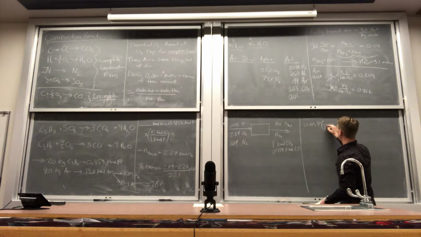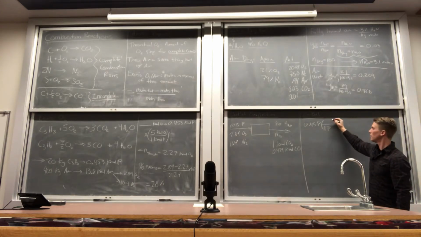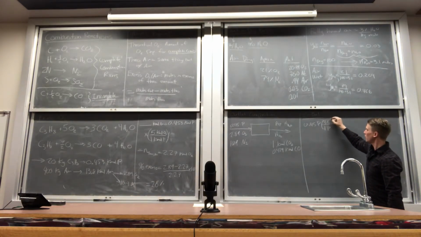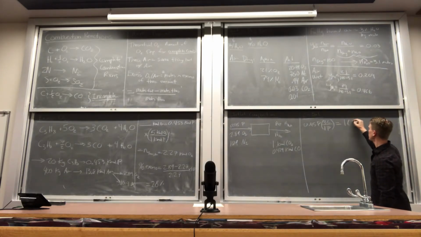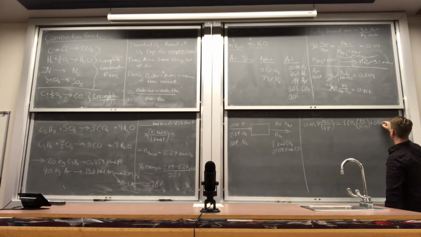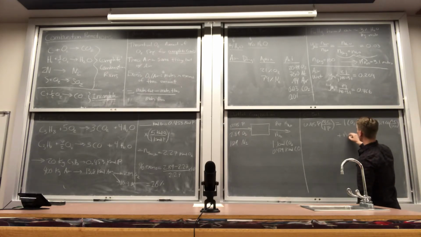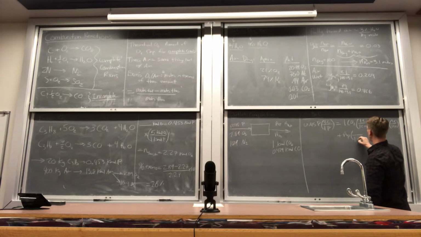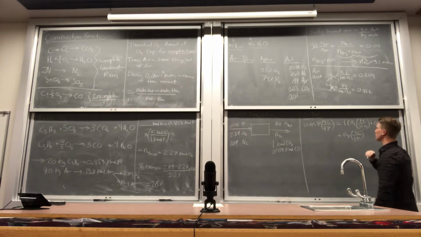For every 1 propane, how many carbons do we have? 3 carbons. Leaving the system, we have 1 CO2. For every 1 CO2, we have 1 C. We have 0.429 CO. For every 1 CO, we have 1 C, plus an unknown amount of propane. And again, 1 propane equals 3 carbons.